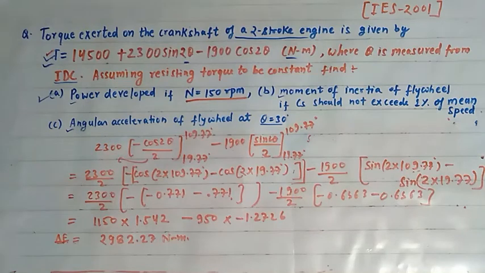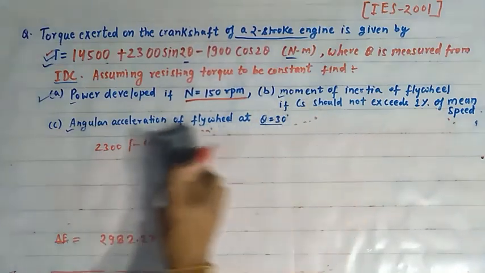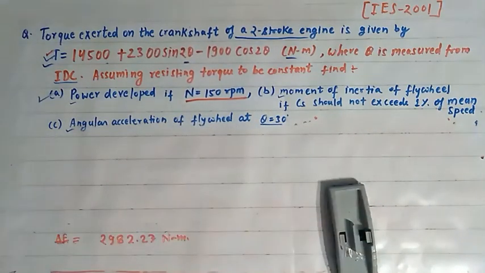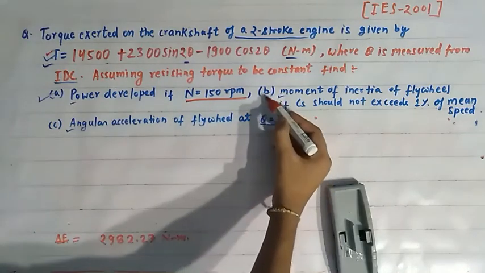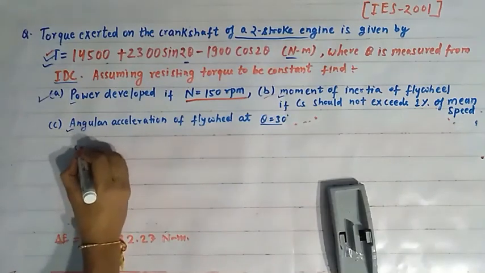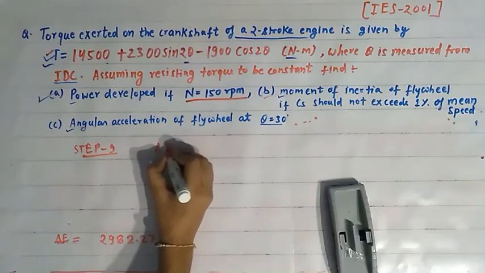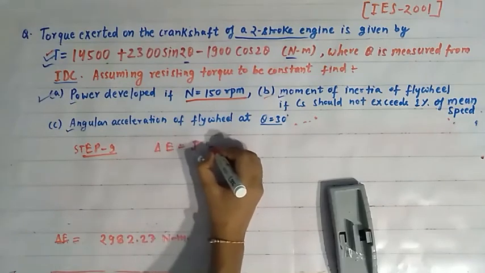Now in step number 9, we will solve for part number 2, that is the moment of inertia of the flywheel. In step number 9, we know that delta E, the maximum fluctuation of energy, is equal to I omega square Cs.